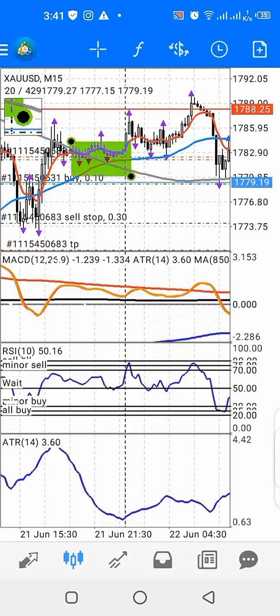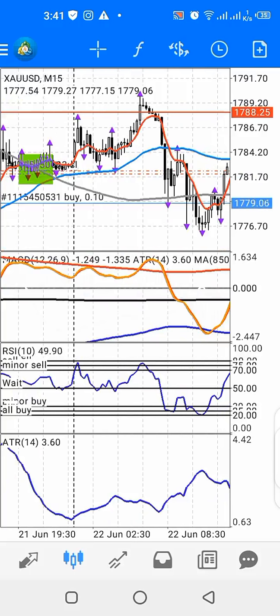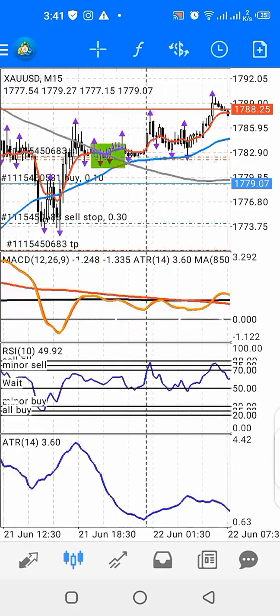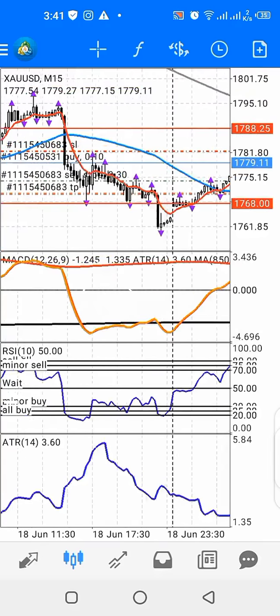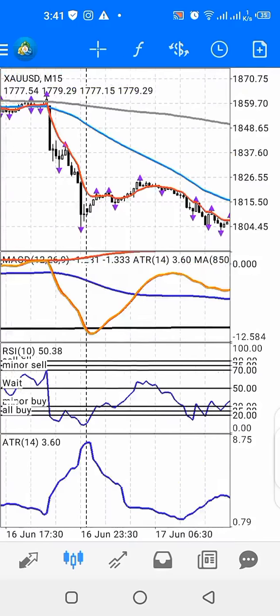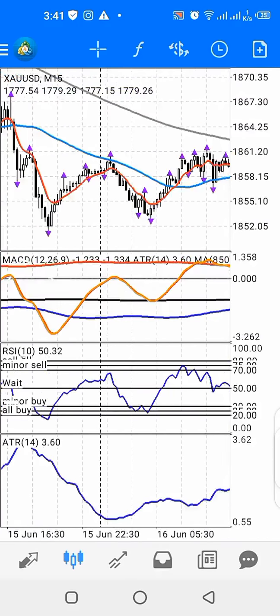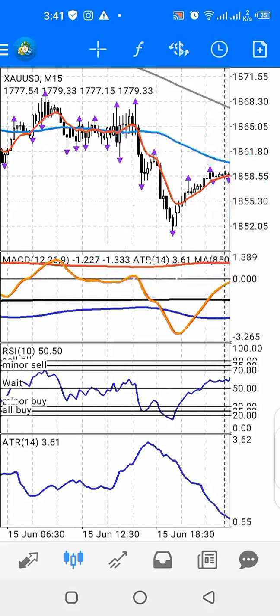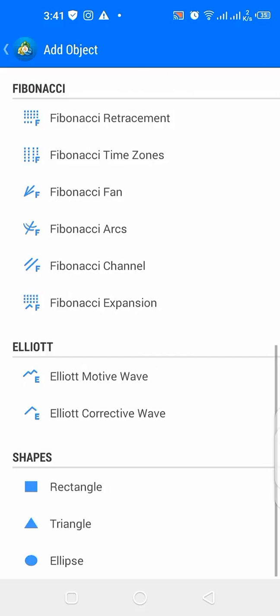At this point marked green, that's for your buy entry. If the red line crosses above all other lines and price stays above that red line, you can always buy. That's a buy signal. You can place a buy when the red line crosses above all other lines.